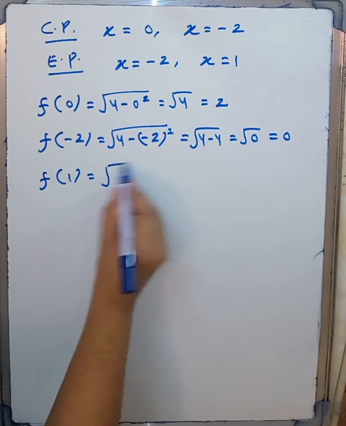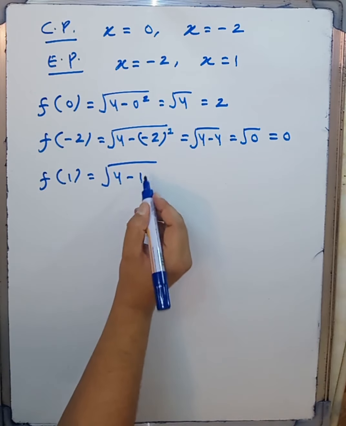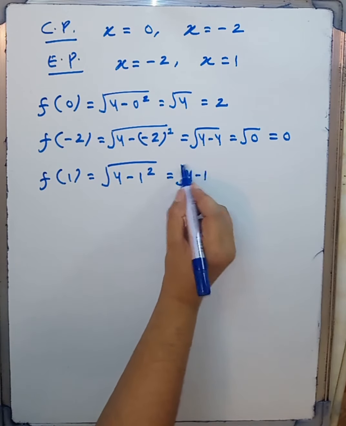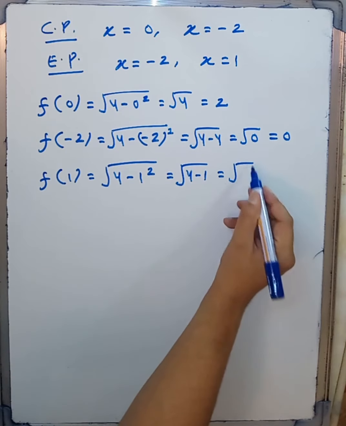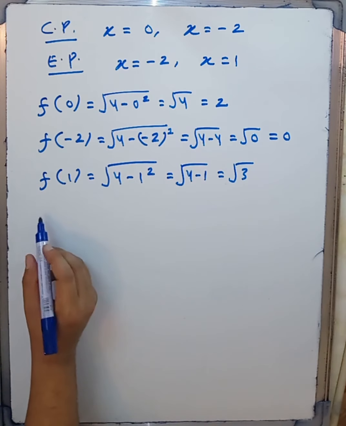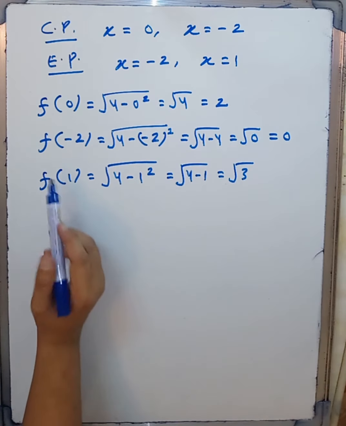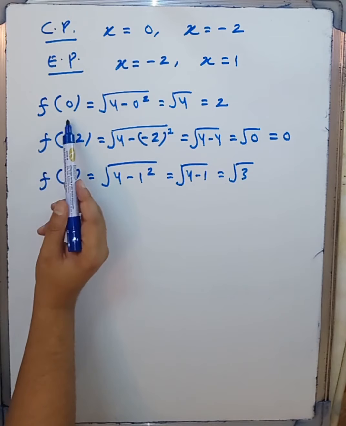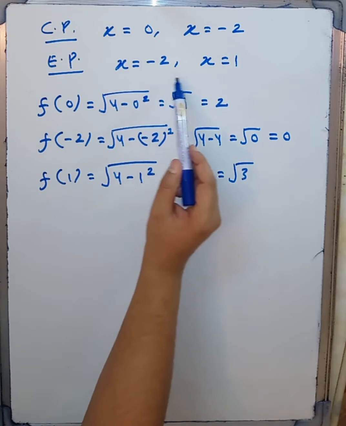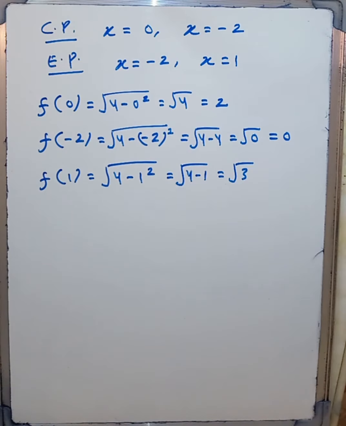This will give us square root of 4 minus 1 square. That will be square root of 4 minus 1. That will be square root of 3.